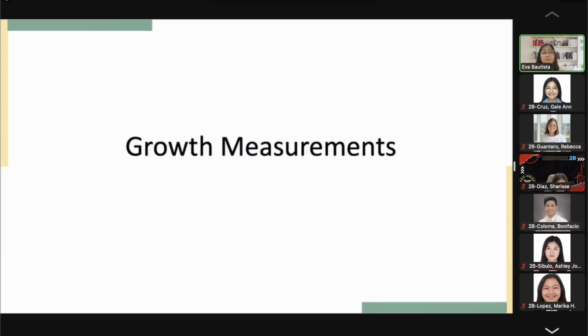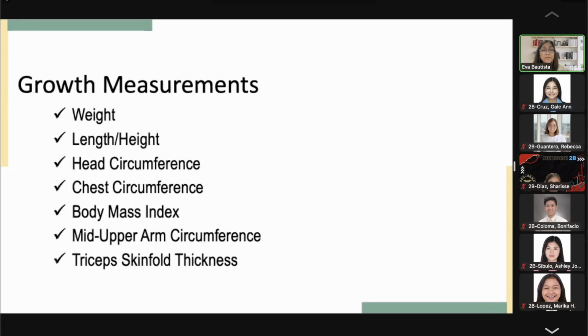So we will now discuss growth measurements and have some exercises. When we assess growth, we are required to measure it accurately, and therefore we have to use appropriate tools. So what do we measure when we assess growth?